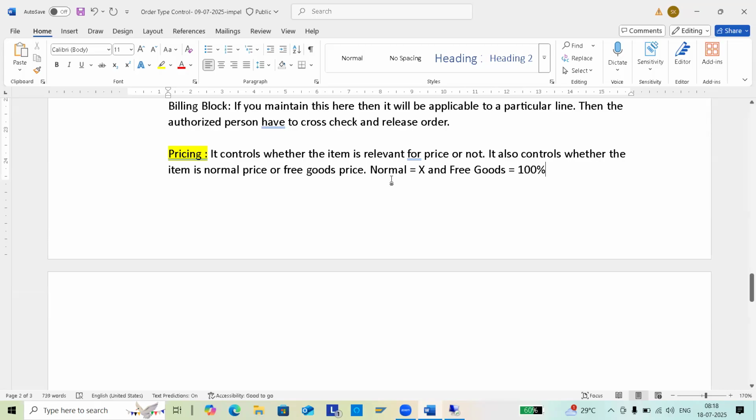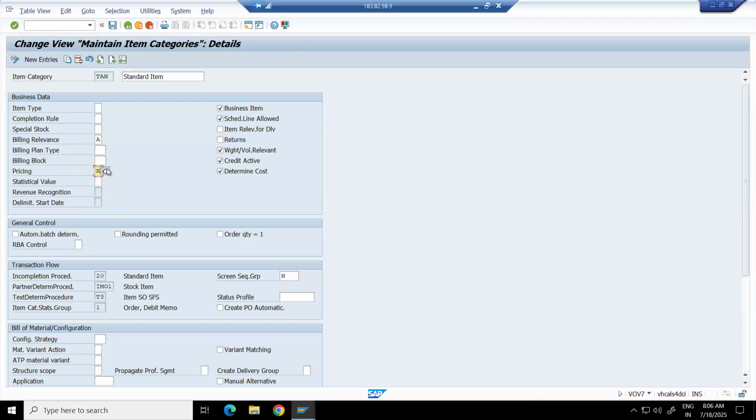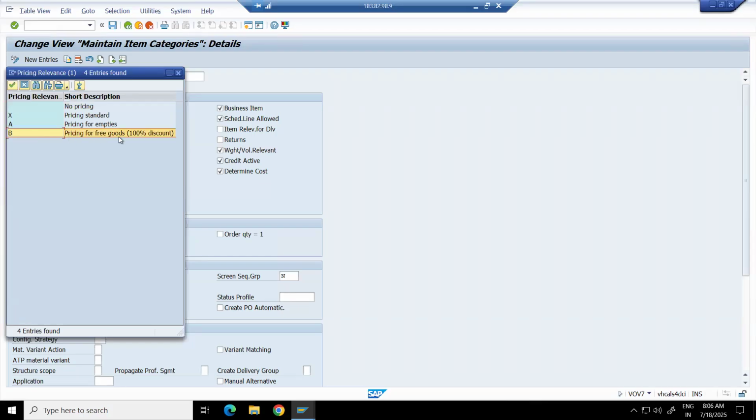Sorry, B means free goods. Okay, that's clear. See, B means pricing for free goods, 100% discount.